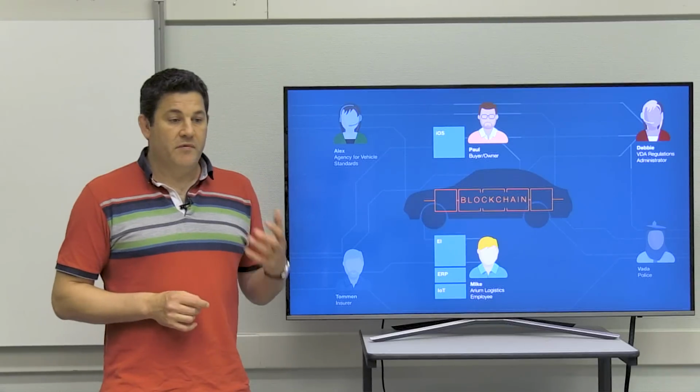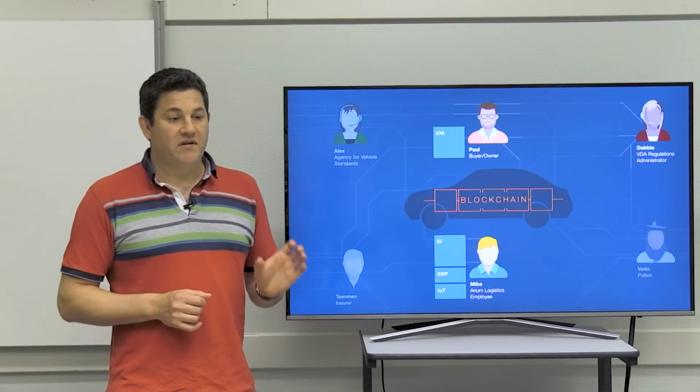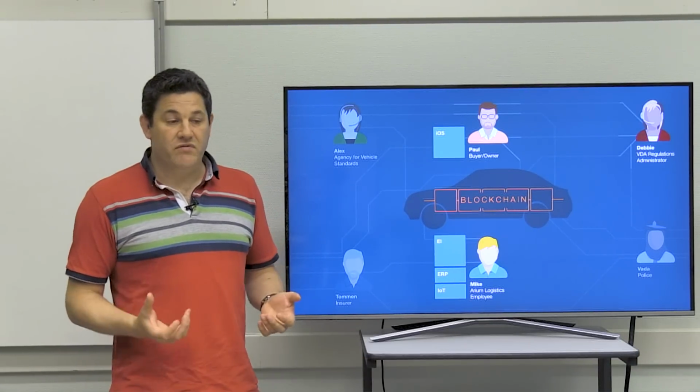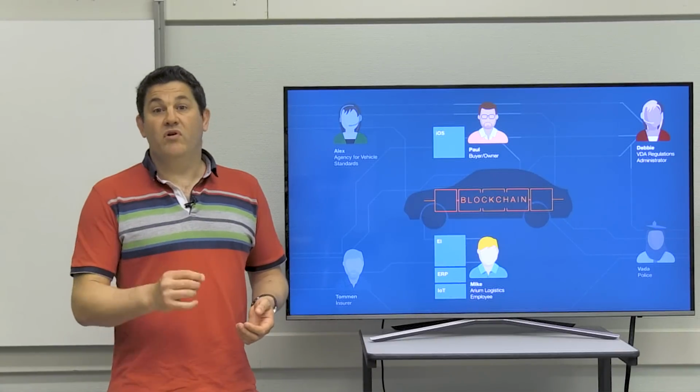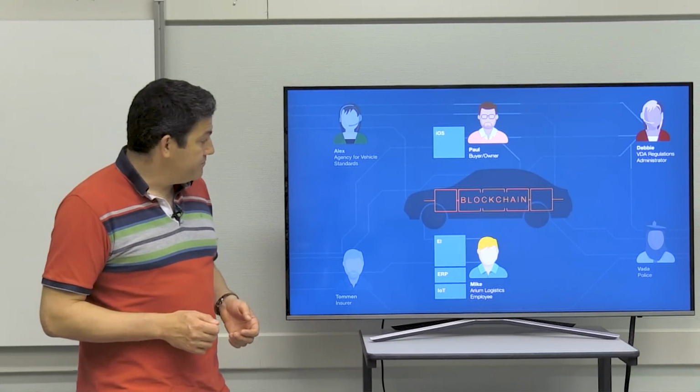So from a regulatory point of view, as I said, the key moment in the life cycle of the vehicle is its birth, right? And from a regulatory point of view, the vehicle is born when its vehicle identification number is stamped into the chassis.